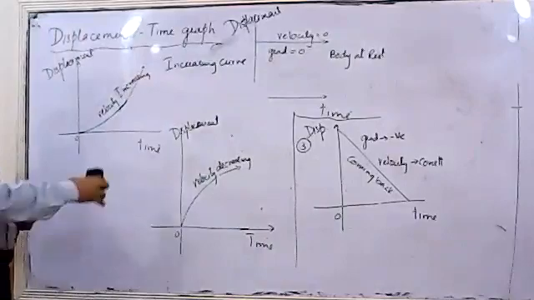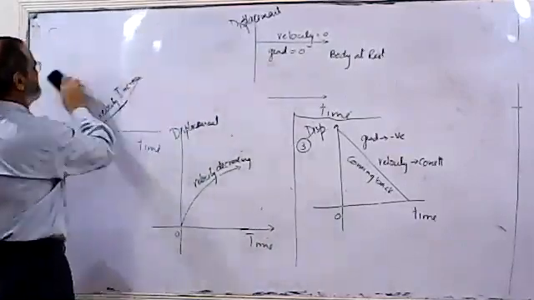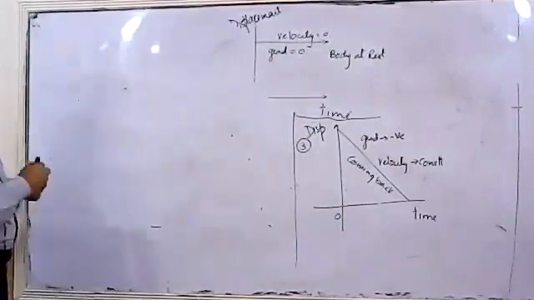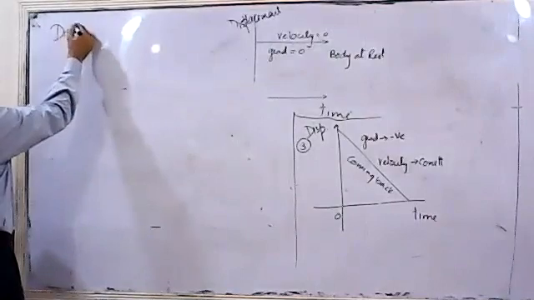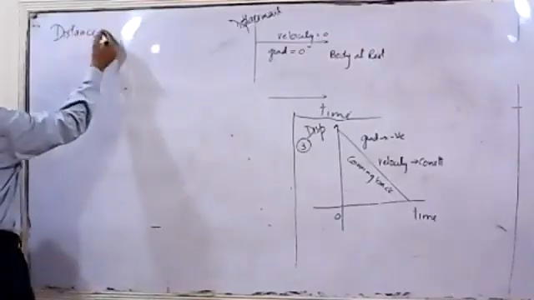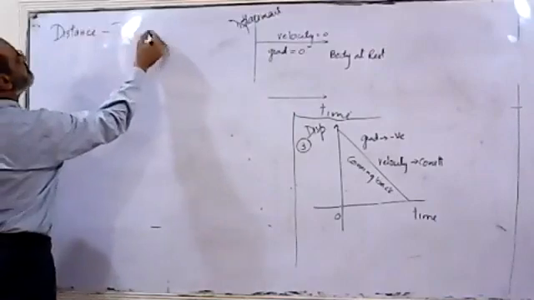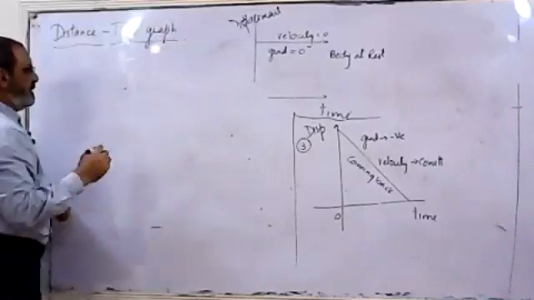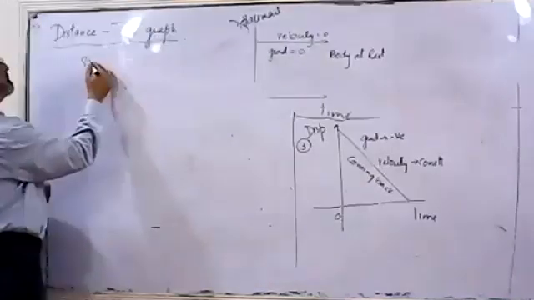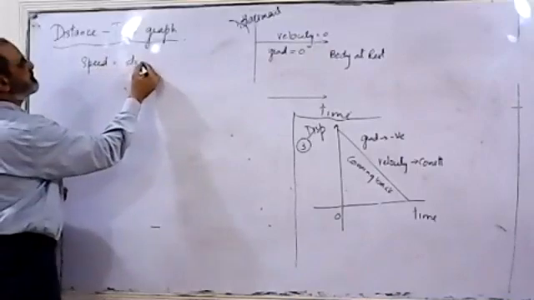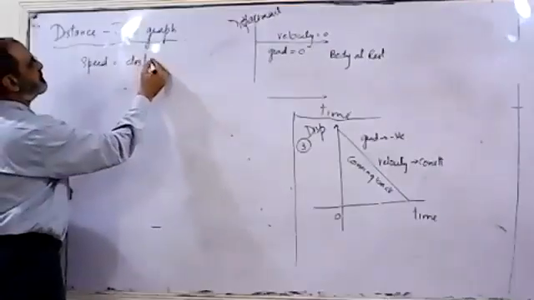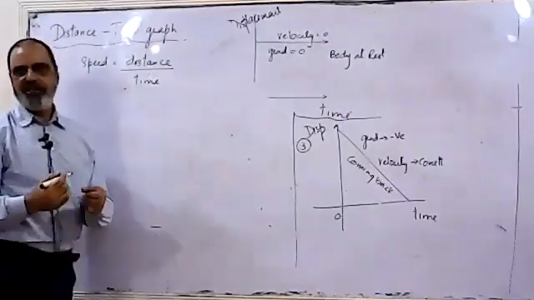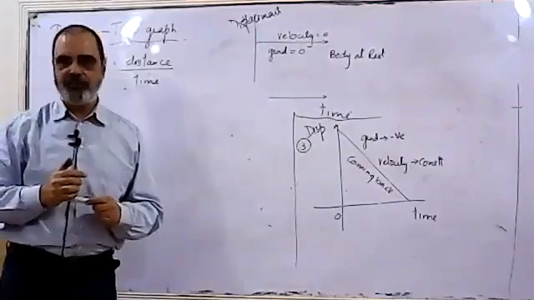If we replace displacement with distance, we know the relation between distance and time is speed.